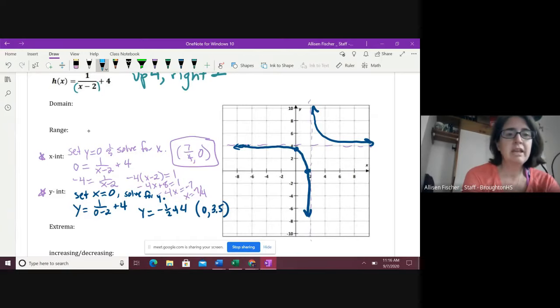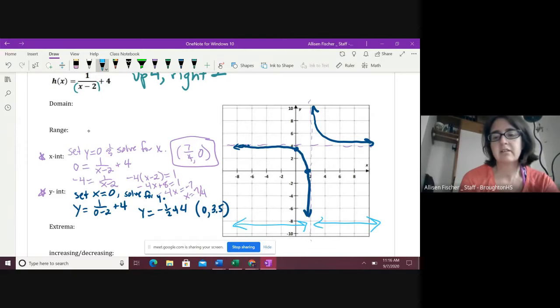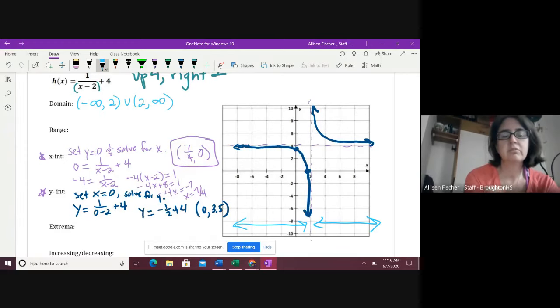So your domain is all of the x's, because as you go left to right, we can have all of these x's and all of these x's, but we cannot have x equal 2. So your domain is all of the negative x's up until 2, and then all of the positive x's from 2 on.